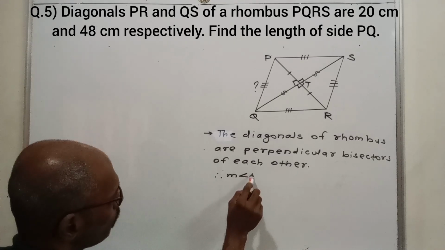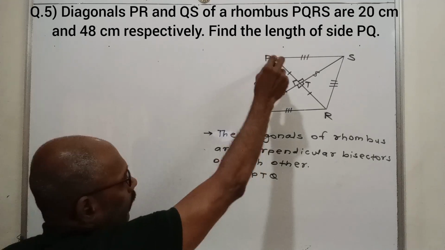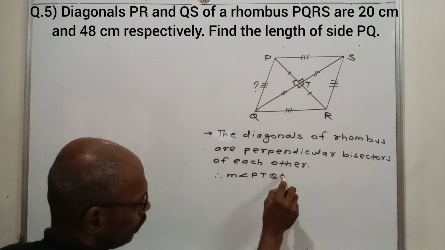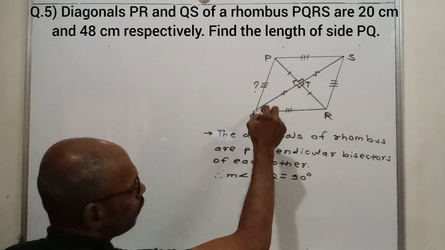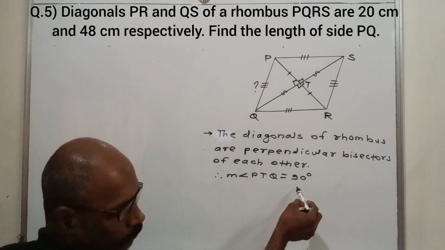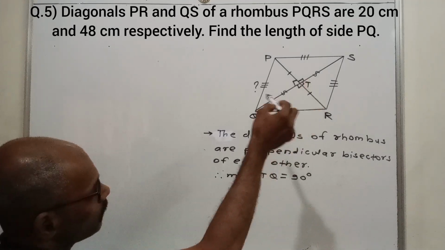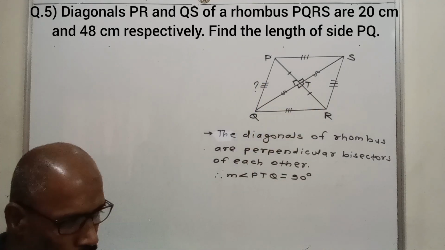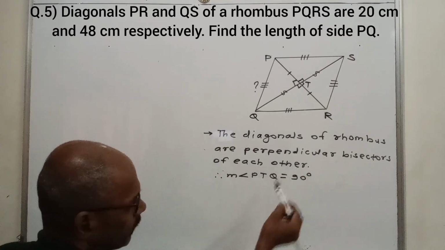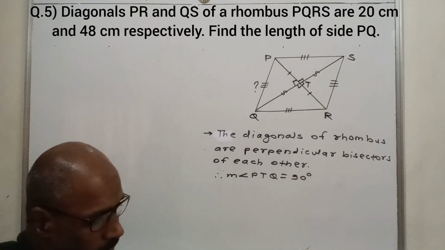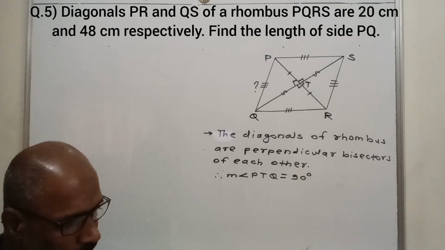Measure of angle PTQ is equal to 90 degree. Same way QTR is equal to 90 degree. Measure of angle RTS, measure of angle PTS is equal to 90 degree. As well as they bisect each other. They are bisectors of each other.